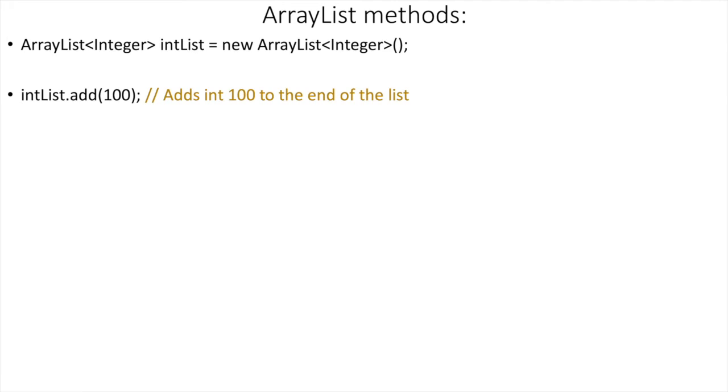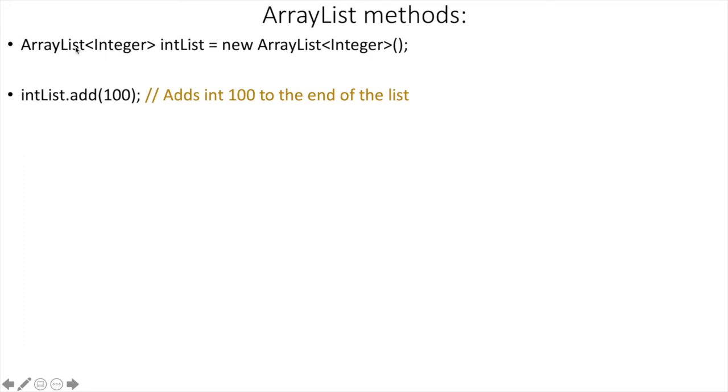So just like in our previous example, if I wanted to add something onto the list, ArrayList is a class, so we've got methods to use. This is an example of calling my ArrayList object intList and saying I'd like to add the value 100. Now I'm allowed to add 100 because it's an int. Just like in my earlier example, I could add colors like red and black and blue because it held strings.